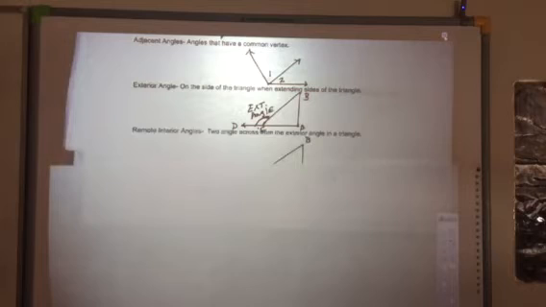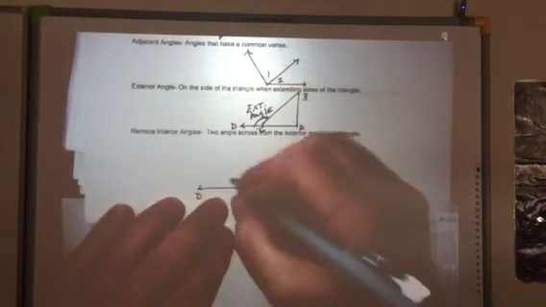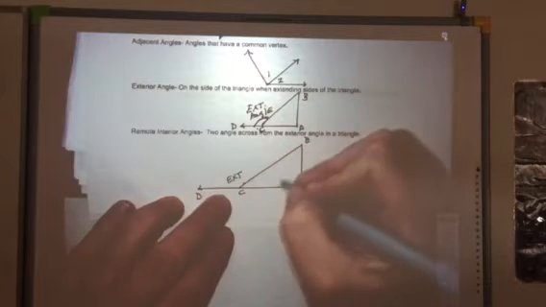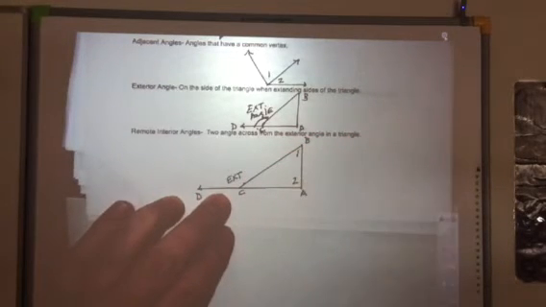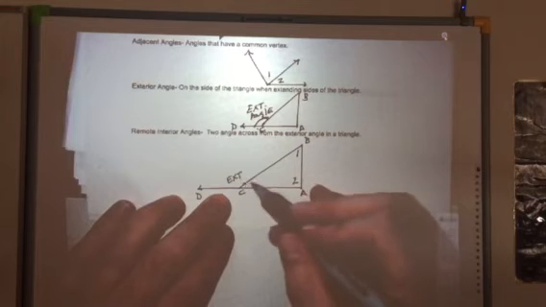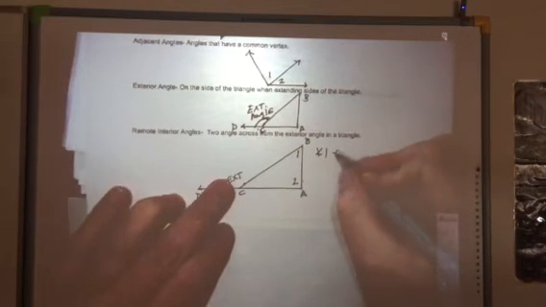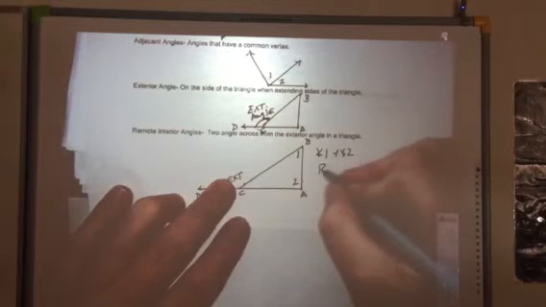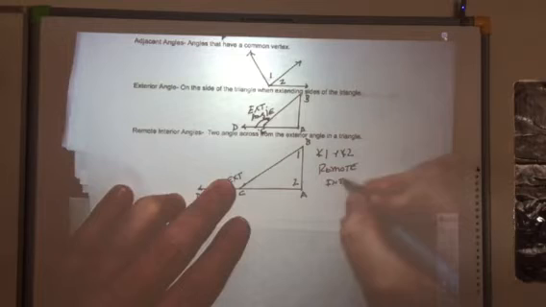Remote interior angles. So we know this is our exterior angle. The two remote interior angles are the angles that are opposite the exterior and not touching the exterior. So angles 1 and angle 2 are the remote interior.